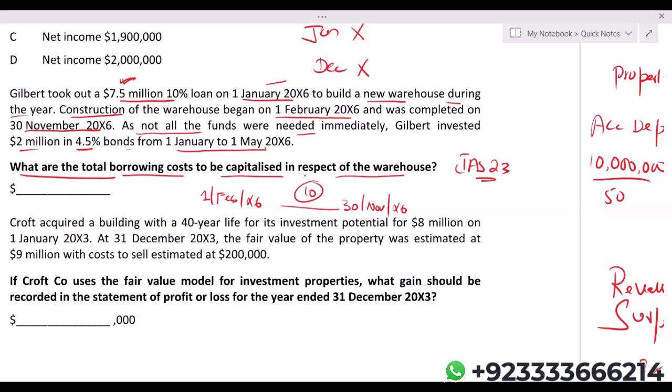if any funds out of that loan were invested for a short period of time, then the return will be deducted from the borrowing cost.